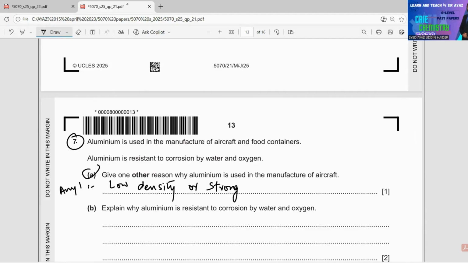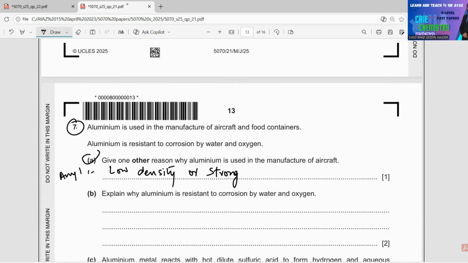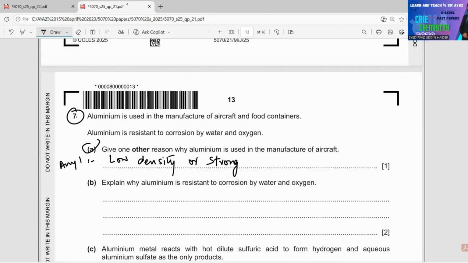Part B. Explain why aluminium is resistant to corrosion by water and oxygen. Now, it forms a protective oxide layer which prevents its further reaction. So you write forms a layer of oxide on its surface.